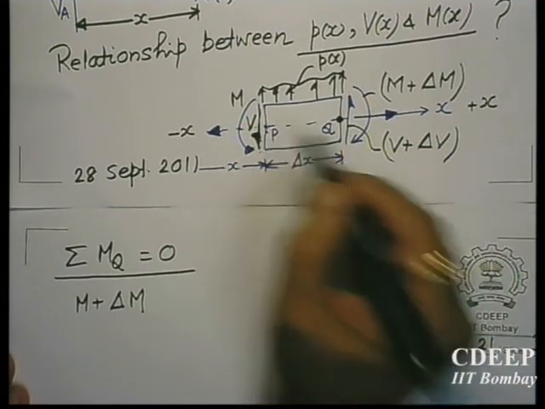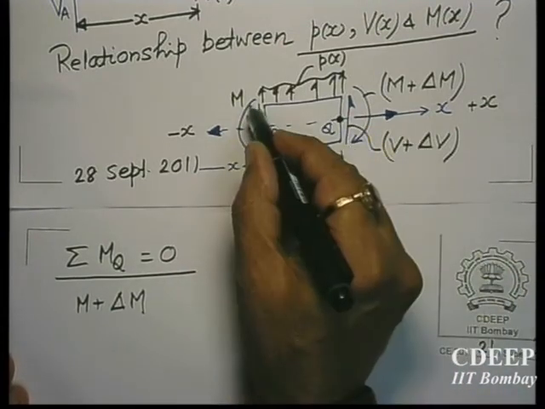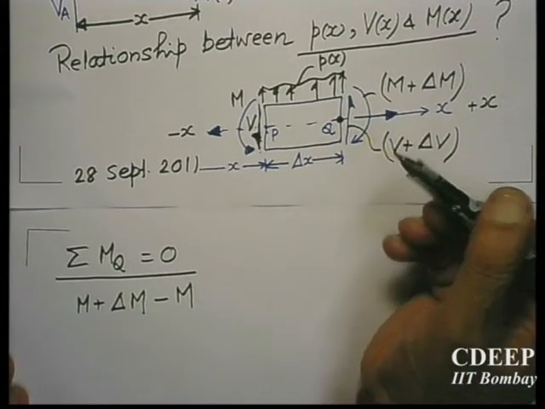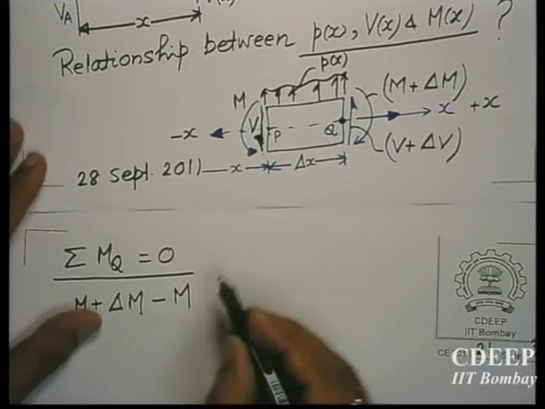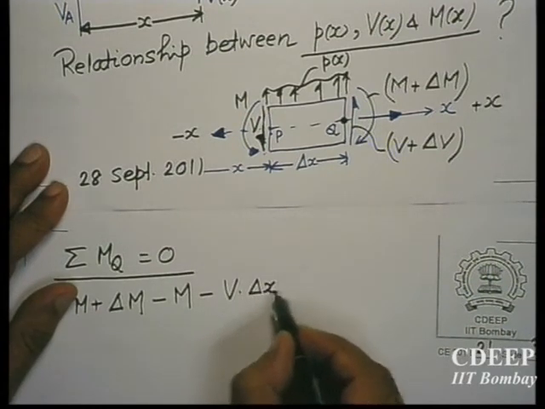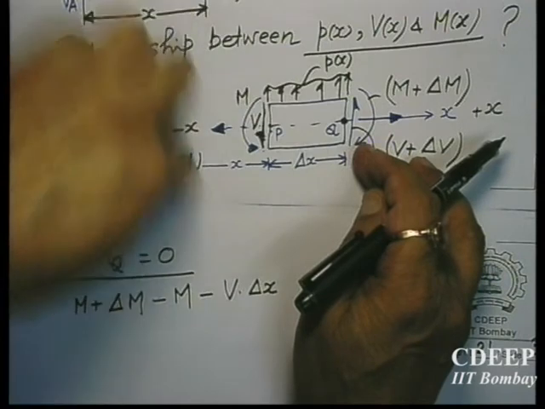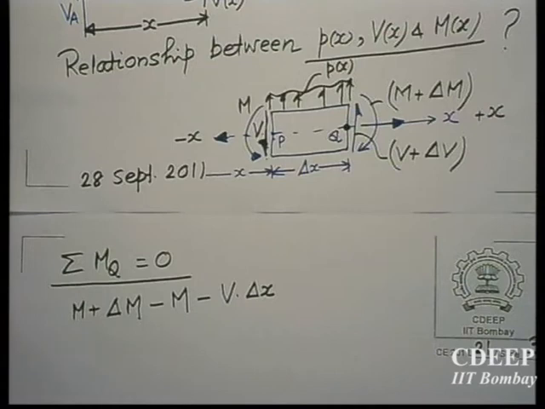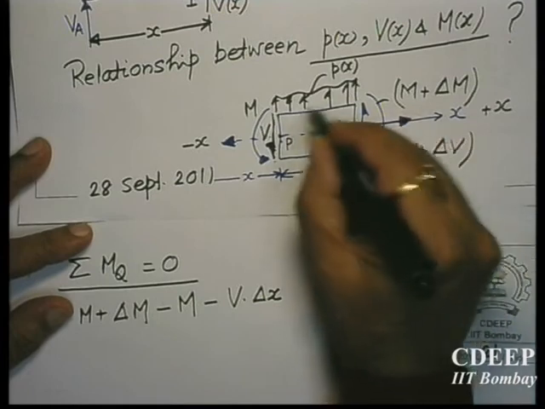Now, come to this face, you have a negative, this m is positive if you are taking. So, this is minus m, and then the moment about this point of this shear, minus V into dx. Why have I taken minus V? Because this one is causing a moment about this point which is anti-clockwise. So, minus V into dx, plus the moment about this point of this load.